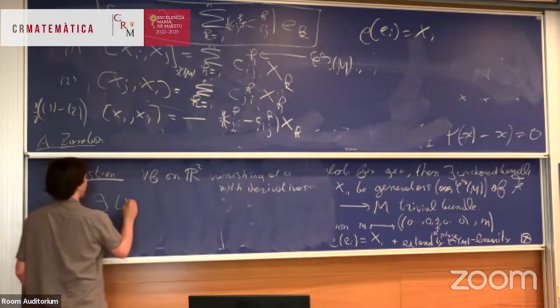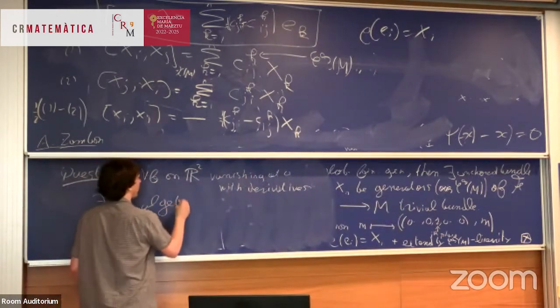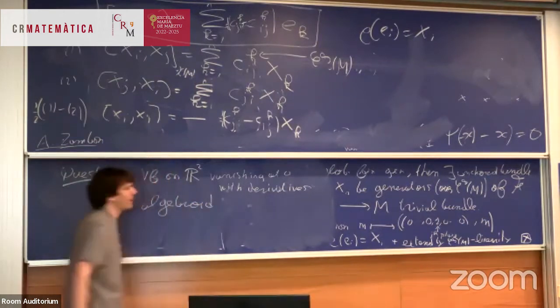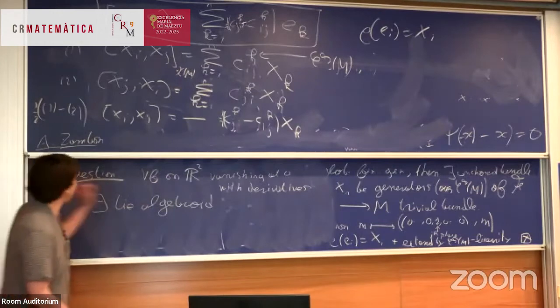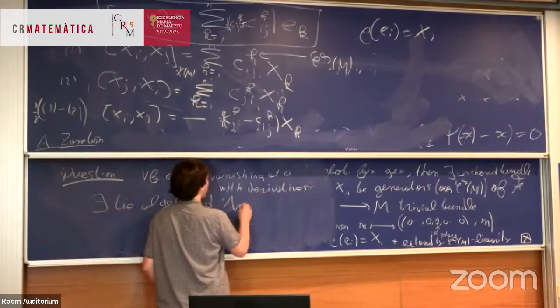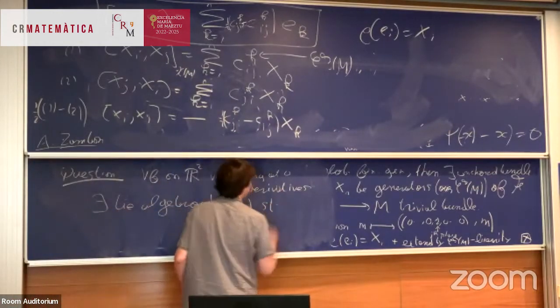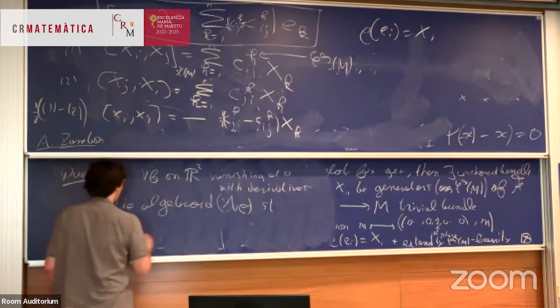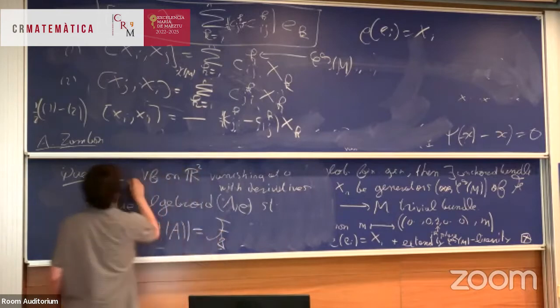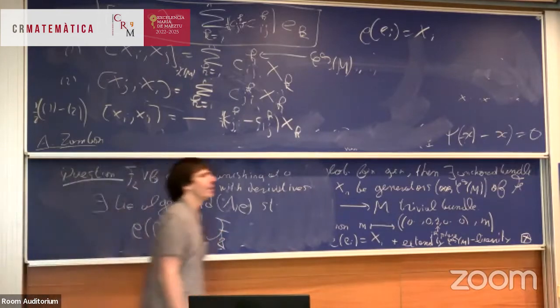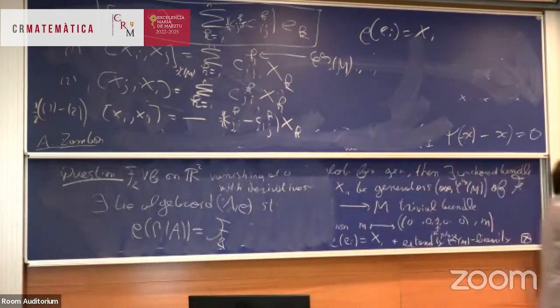Does there exist a Lie algebroid? The question, by the way, is first cited in a paper by Androulidakis and Zambon. Does there exist a Lie algebroid, with anchor map rho, a bundle A, so that rho of sections of A is exactly F2? You see? That's almost the most stupid singular foliation you can think of on R2. The most stupid one is a singular foliation vanishing at a point.